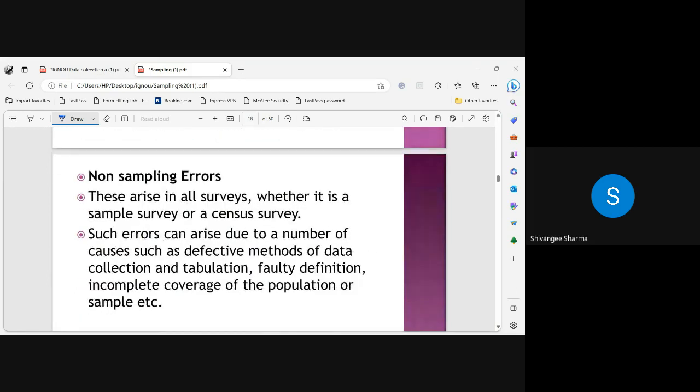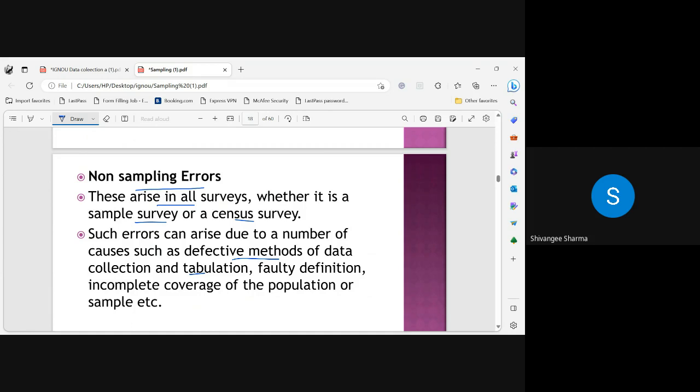Now, the next is non-sampling errors. These arise in all surveys, whether it is a sample survey or a census survey. Such errors arise due to a number of causes, such as defective methods of data collection and tabulation.